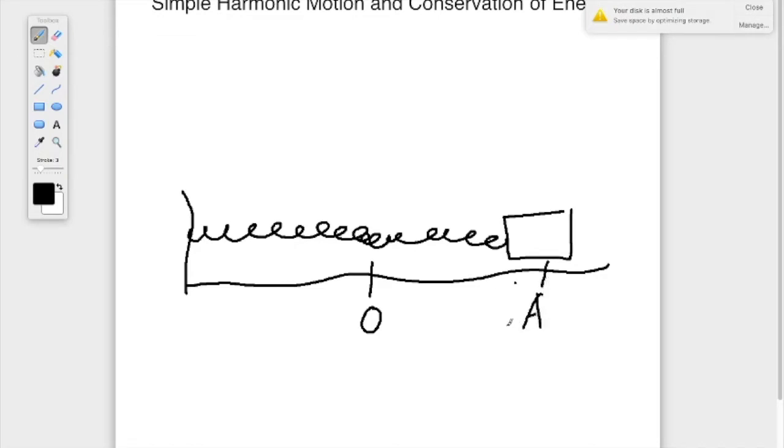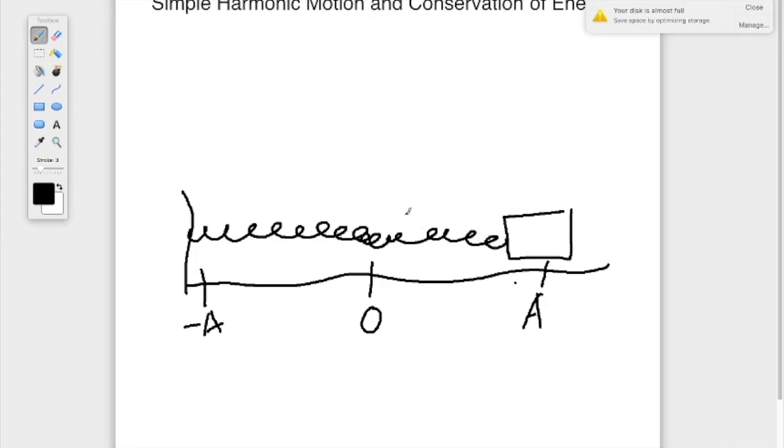Because it can't go any farther than this, it will go to the negative amplitude right here, and the restoring force, which is the spring, is going to push it back to the equilibrium position, but it's going to overshoot again, and so on and so forth.